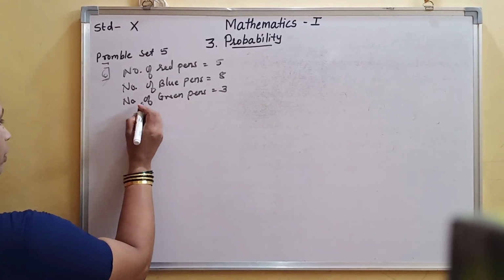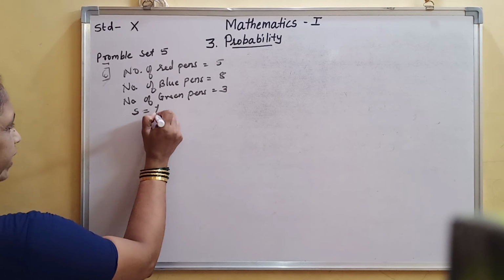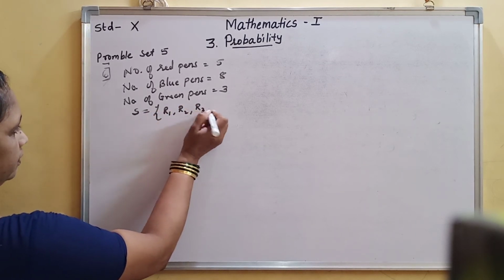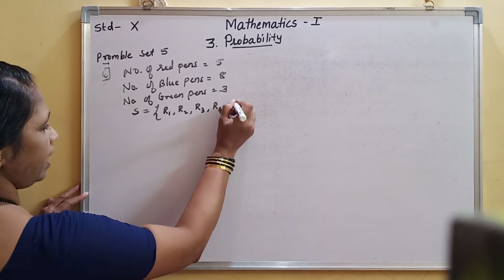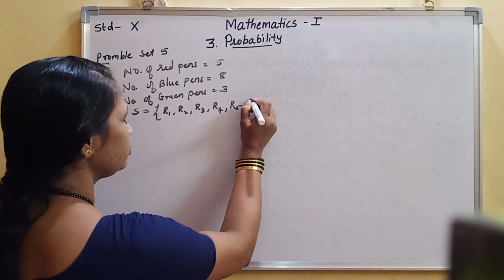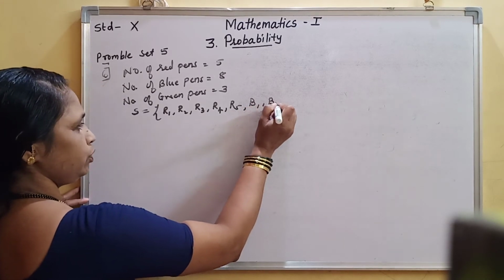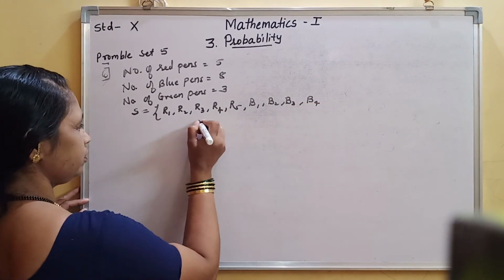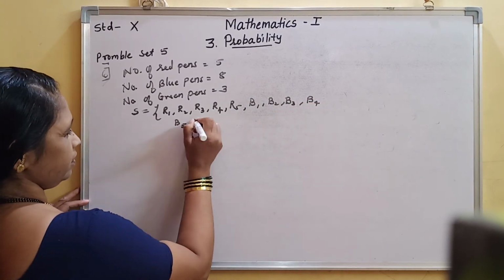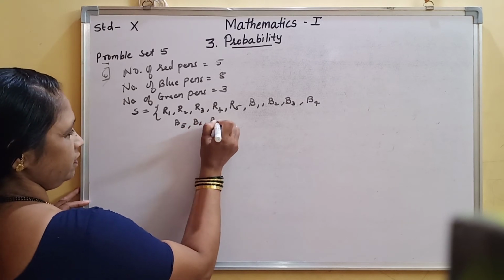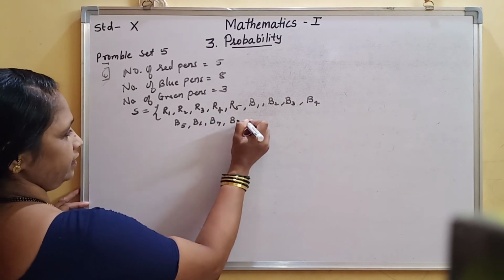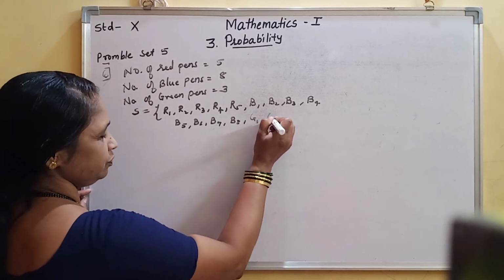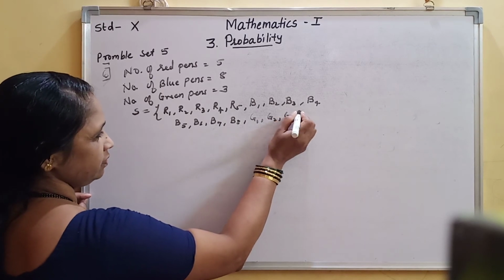So S will be equal to R1, R2, R3, R4, R5, and blue you have to indicate by B1, B2, B3, B4, B5, B6, B7, B8, and green you have to indicate by G1, G2 and G3.